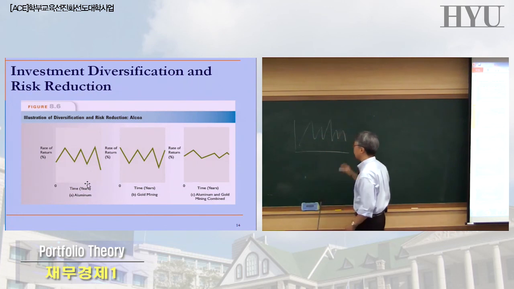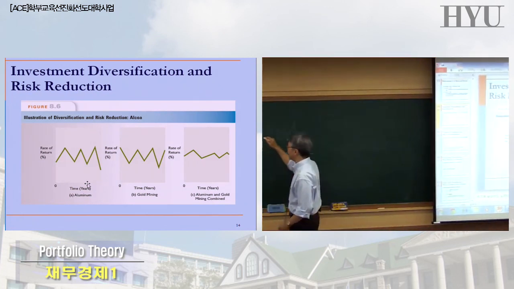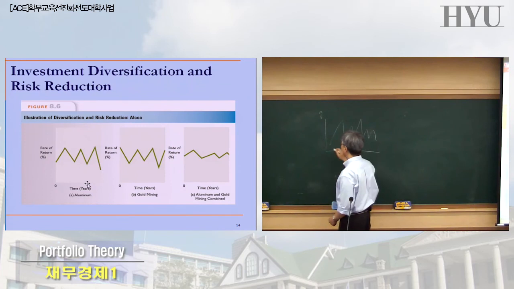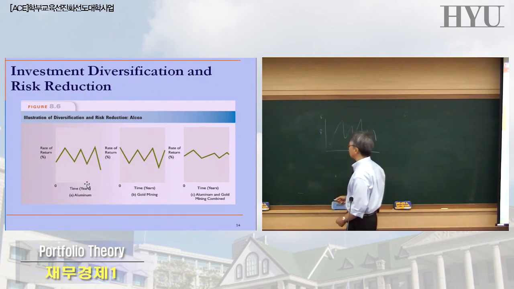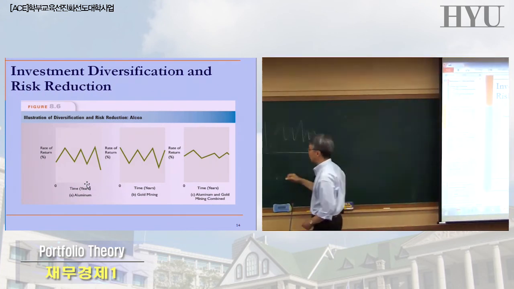If you have this kind of fluctuation in the actual return, then you can think about expected return, which is the average.